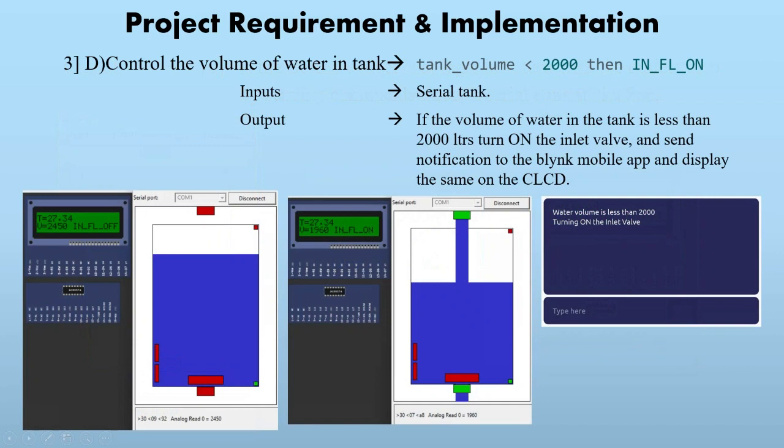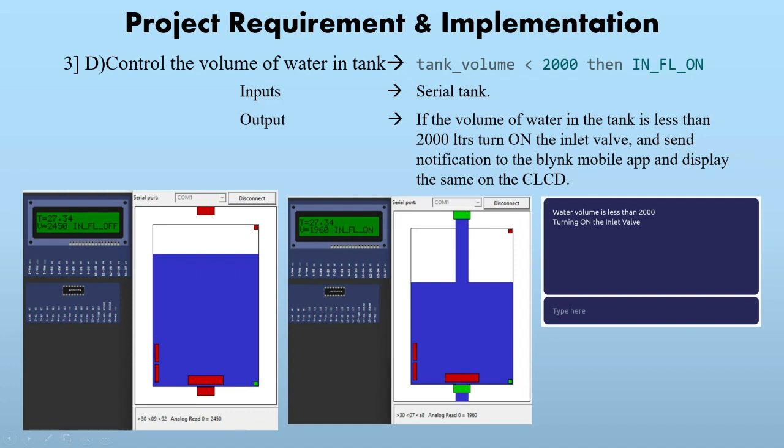The next, not the final but the ending of this project presentation, is controlling the volume of water in the tank. Our capacity was from 0 to 3000, right? If the volume is between 2000 and 3000, nothing will happen.